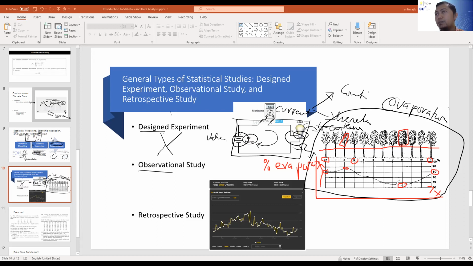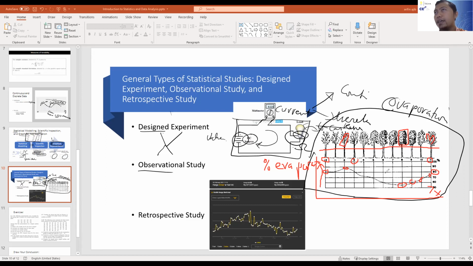But the evaporation increases again, starting in September, October, and November, so the tree is getting dry again.